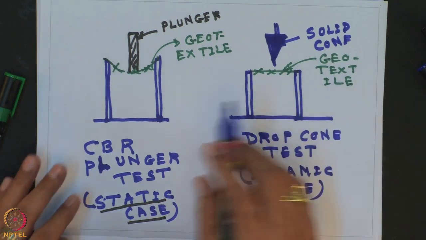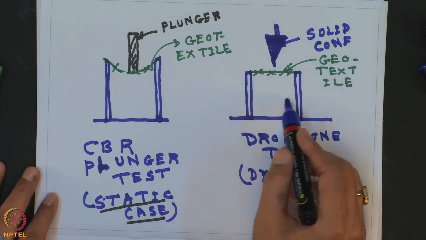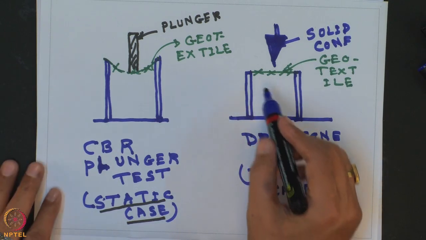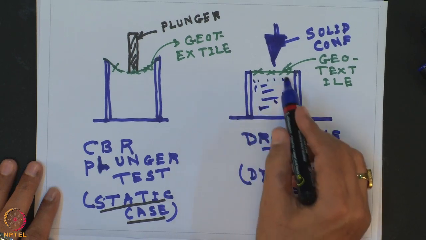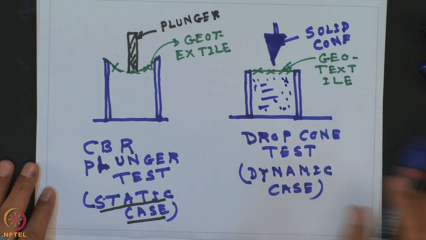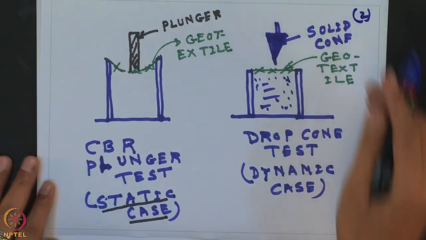To simulate field conditions, suppose it is a very soft clay, sometimes you can use some water here in the laboratory. So, what we discussed: the CBR plunger test is the static case, and the other is the drop cone test, which we call the dynamic test.